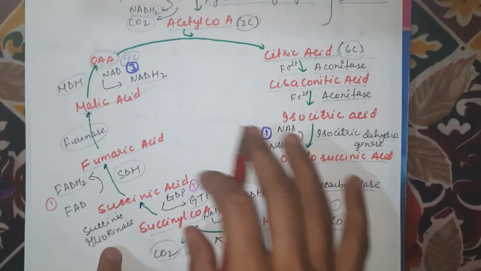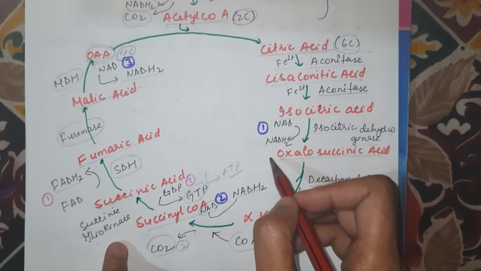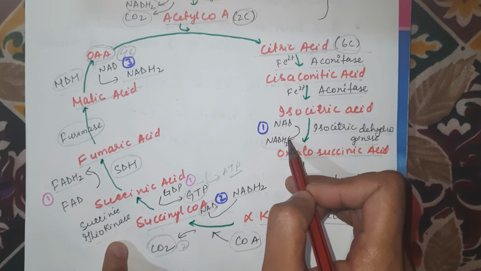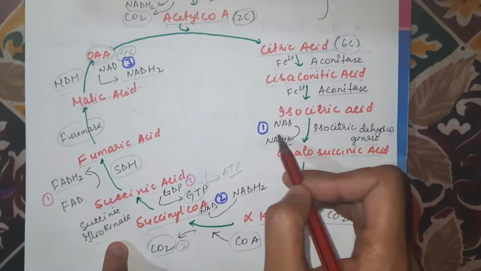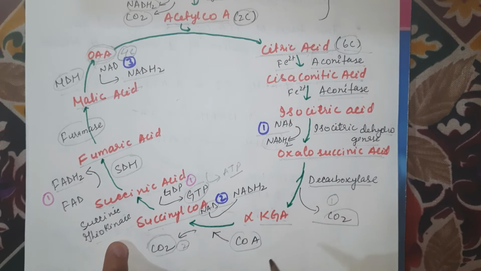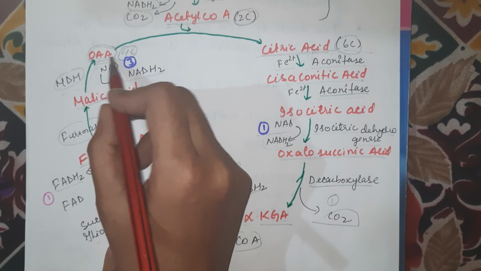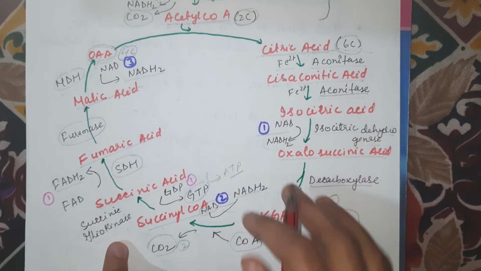So basically there are a total of 3 steps where NADH2 is formed. The first step is this one, the second step is this one, and the third step is when malic acid is converted into oxaloacetic acid.